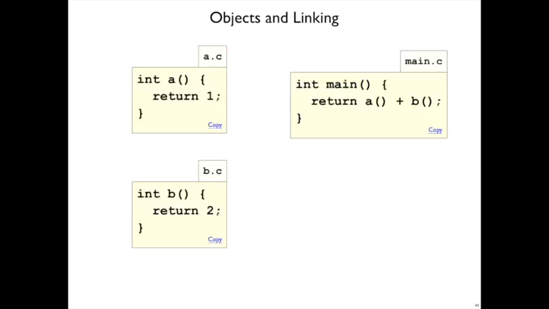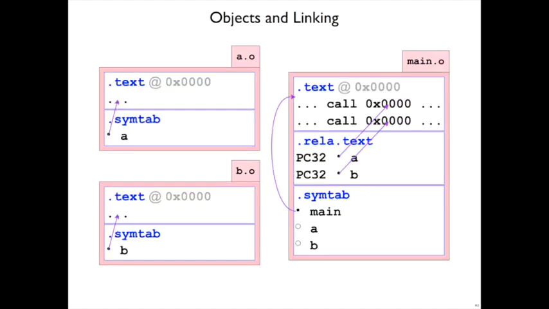Let's look at that for multiple files. Suppose we have a.c, which defines a, b.c, which defines b, and then main, which is going to use a and b. So the answer to the original mystery was the compiler compiles a and b with no particular prediction for where a and b are going to reside. It just says there is a, its implementation is in the text segment.